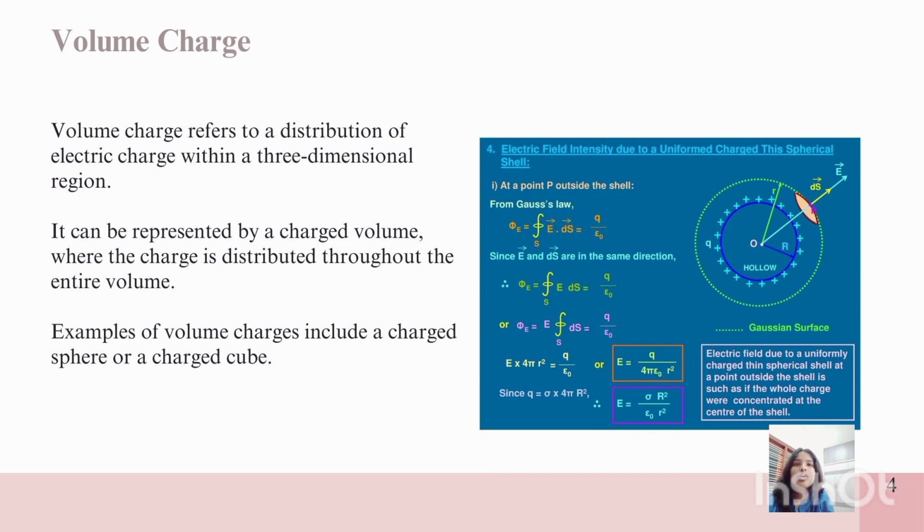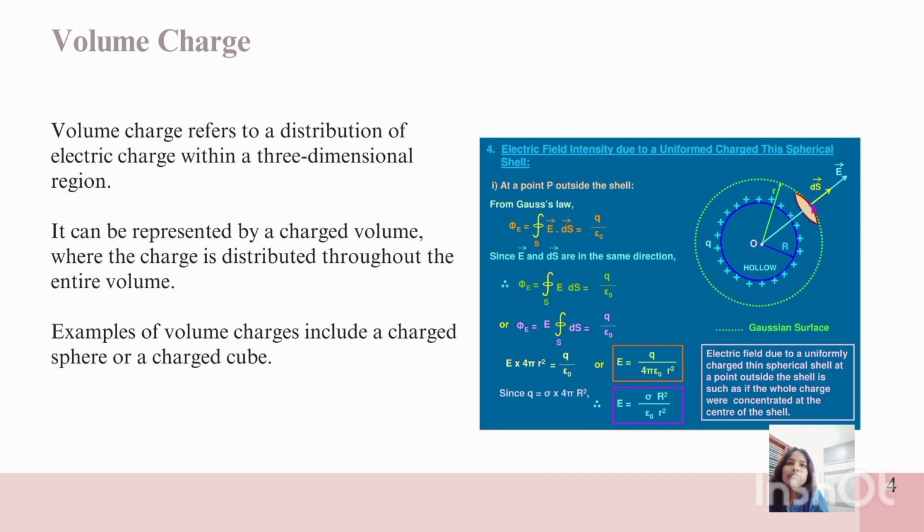From Gauss's law, let's consider the electric field due to a positive line charge, where E times 2 pi r h is equal to rho h by epsilon naught. So the electric field is E = rho by 2 pi epsilon naught r. Similarly, the electric field due to a negative line charge is E = rho by 2 pi epsilon naught r.